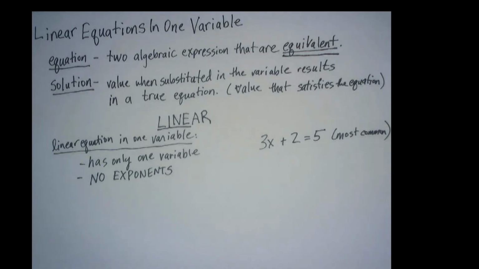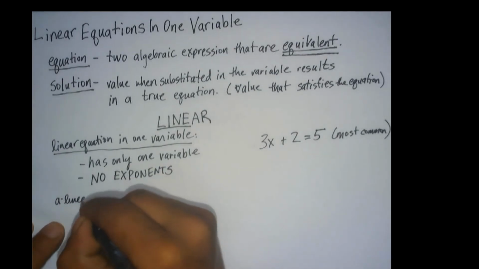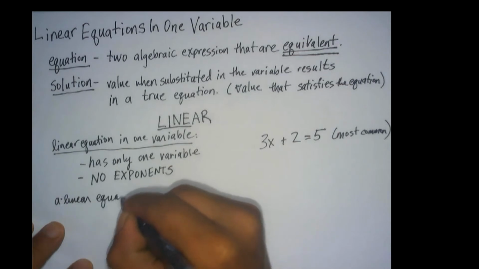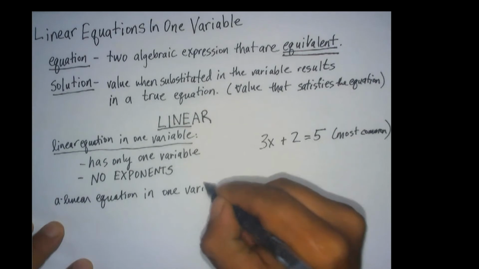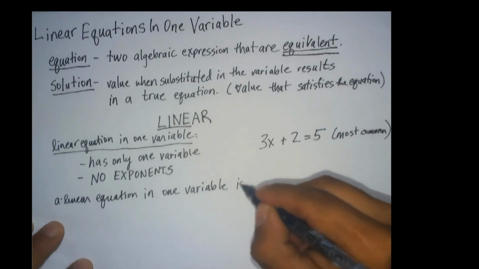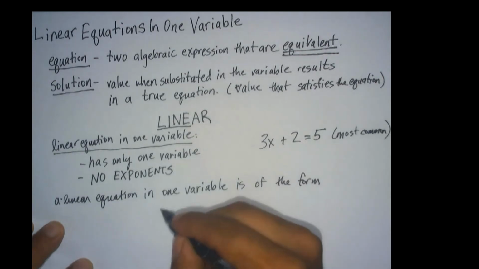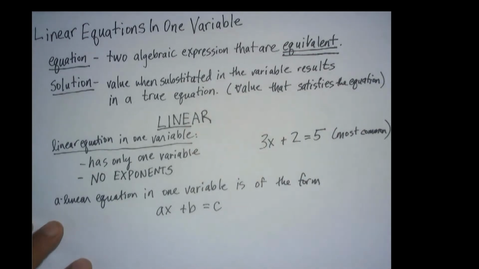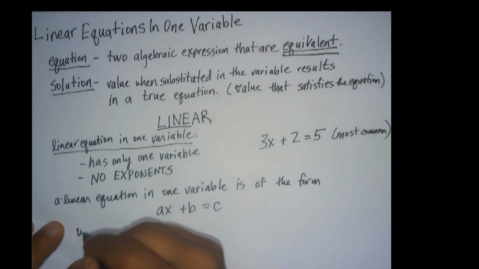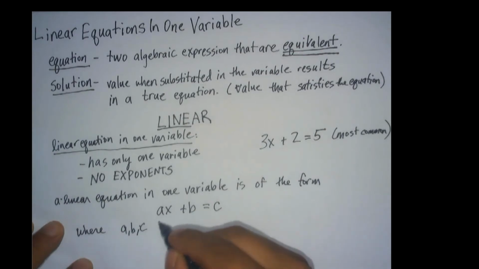So let's get more formal here with the formal definition. A linear equation in one variable is of the form ax plus b equals c, where a, b, and c are probably what?